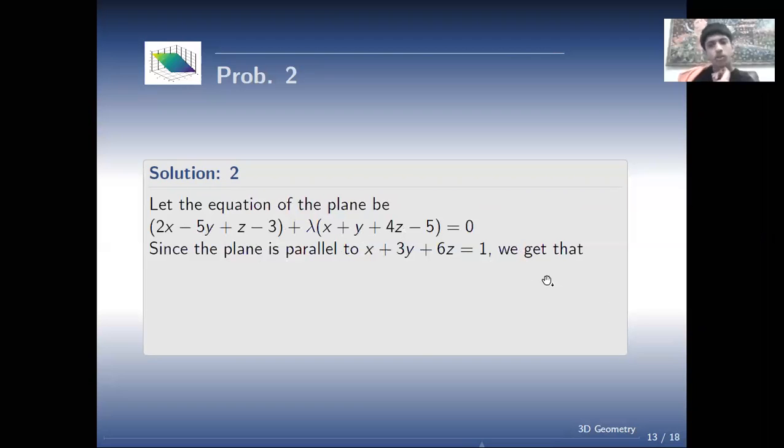So we can use the ratio thing. Yes, exactly.